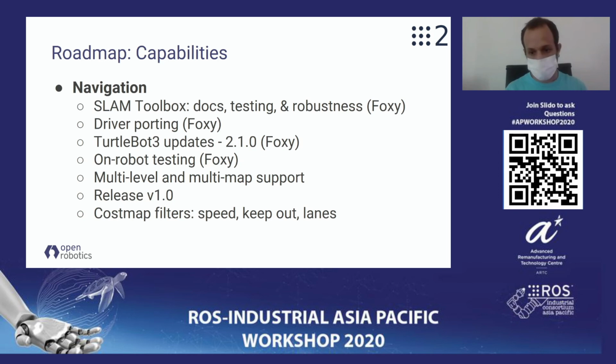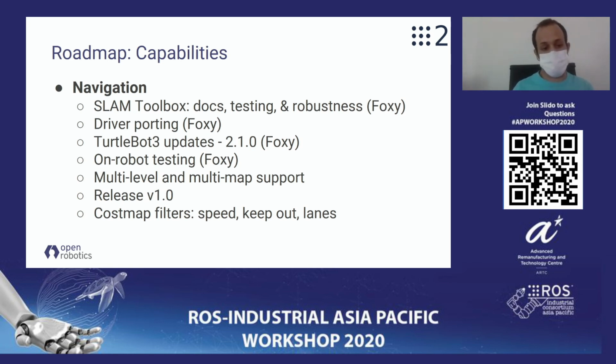Regarding capabilities, there's a stable functional SLAM implementation now available on ROS. Some drivers have been ported, like RealSense. Turtlebot 3 has been updated. Some on-robot testing has been done, in terms of navigation.